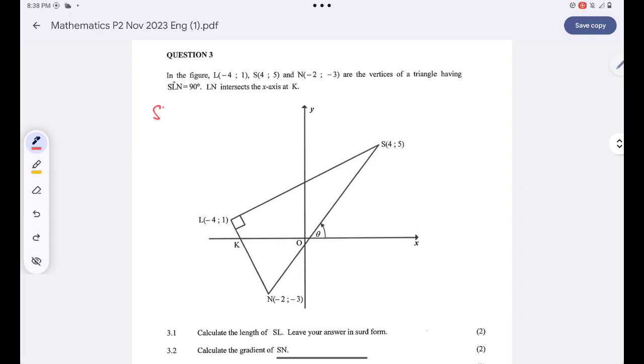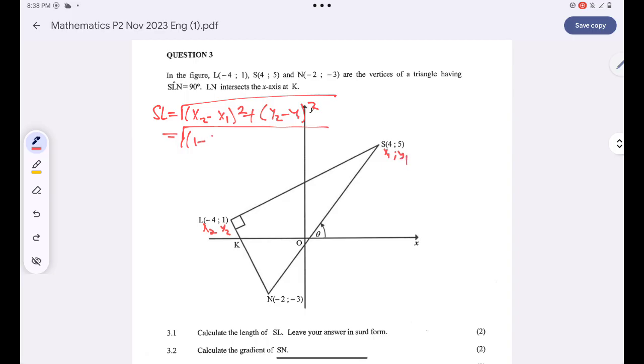So the length of line SL is the square root of (x2 minus x1) squared plus (y2 minus y1) squared. Okay, we are simply using our distance formula, right? If I make this my y2, that means this will also be my x2, and this will be my x1 and y1.